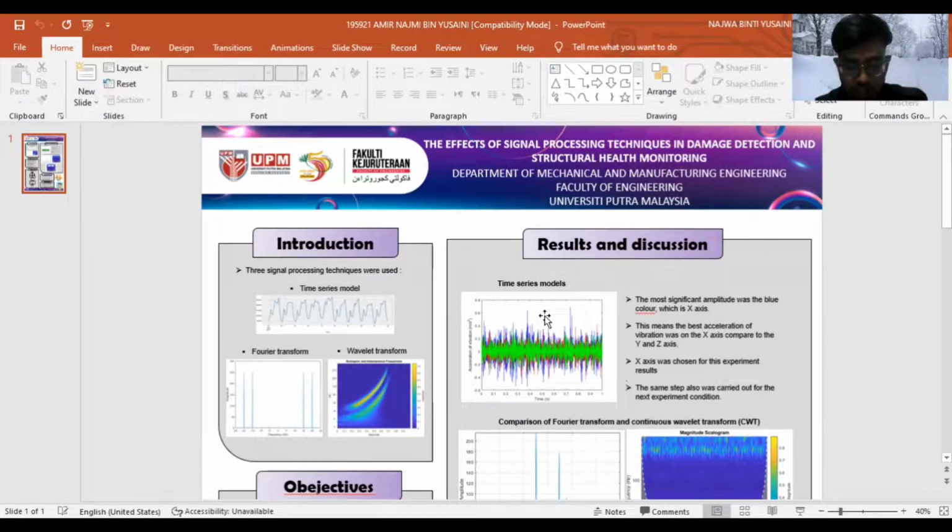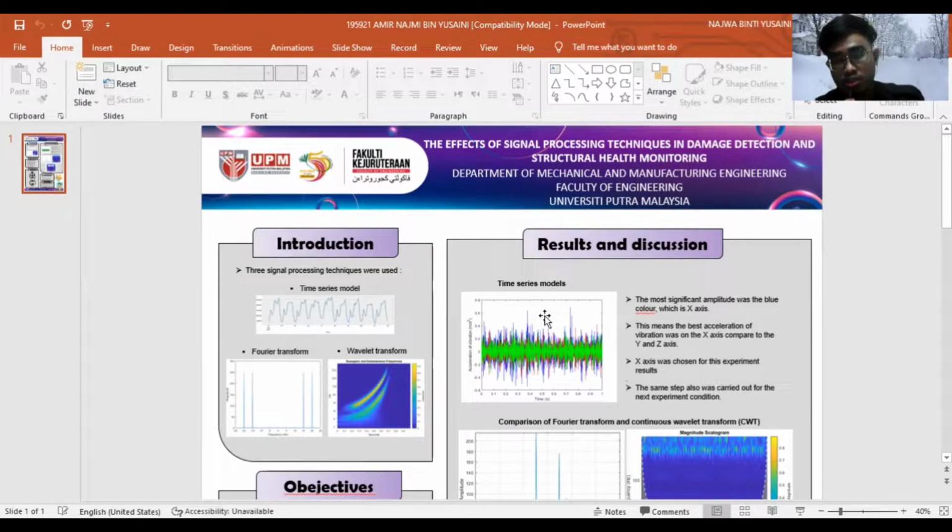These three techniques will be compared to identify the best technique in damage detection. It is done by collecting data from the experiment under different conditions, and the data is then transformed using the signal processing techniques I mentioned earlier: time series, Fourier transform, and wavelet transform.